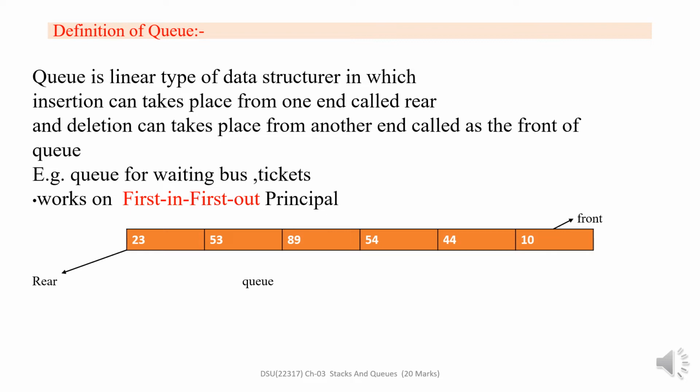It works on the first in first out principle. As the stack is the last in first out principle, that is LIFO, this is FIFO, that is first in first out principle. So this is our example again, that is 23 is the rear and 10 is the front.